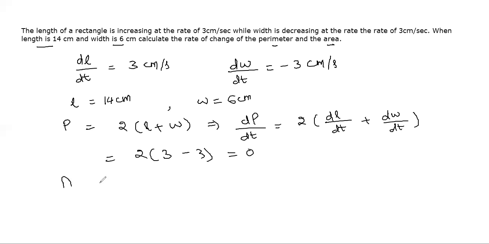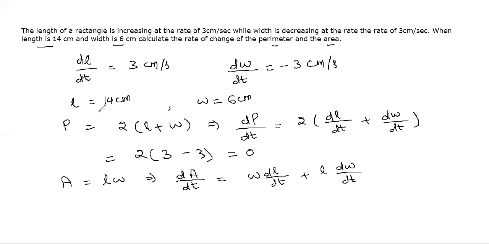Now take area. The area of a rectangle is length times width. If we differentiate area with respect to time, we will get dA by dt, and applying the product rule on the right hand side, it will be W times dL by dt plus L times dW by dt.